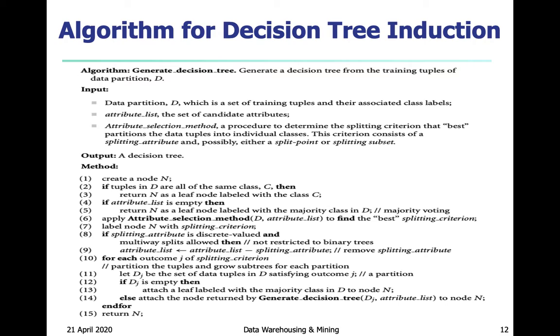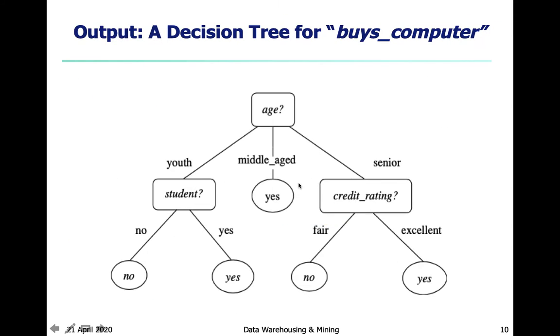We need to find the best splitting criterion, means which attribute will be the best to split. Here you have seen that we started with age. So this is the best splitting attribute. How do we find this best splitting attribute? This is done by the attribute selection method.